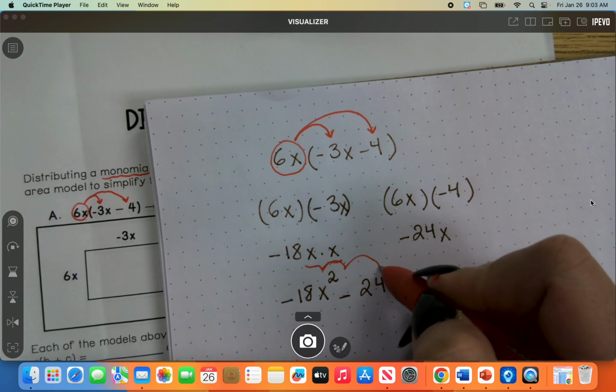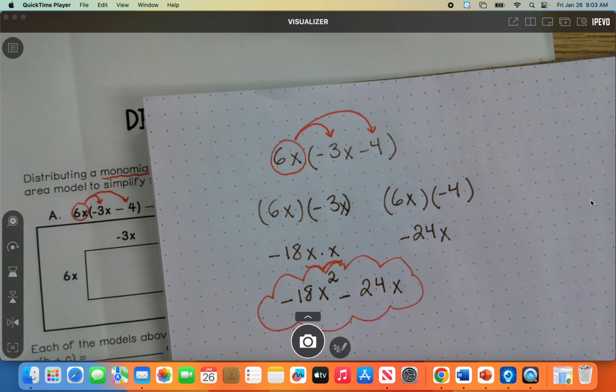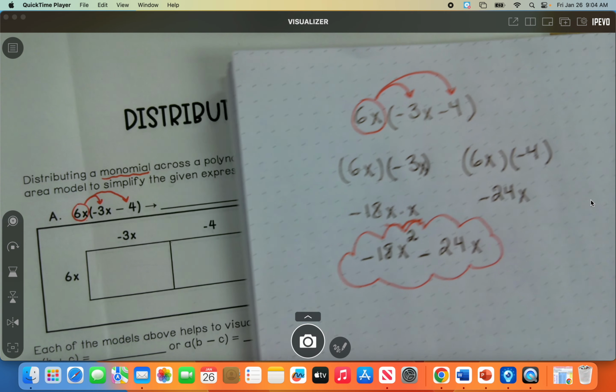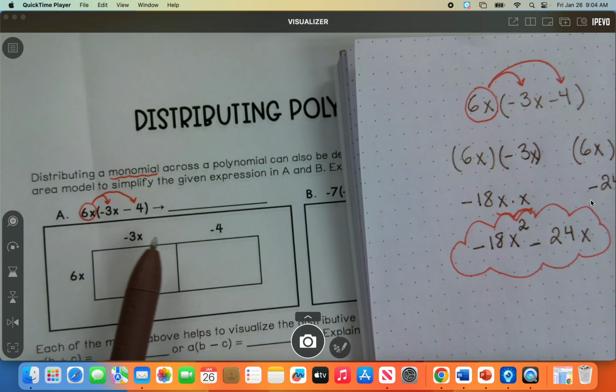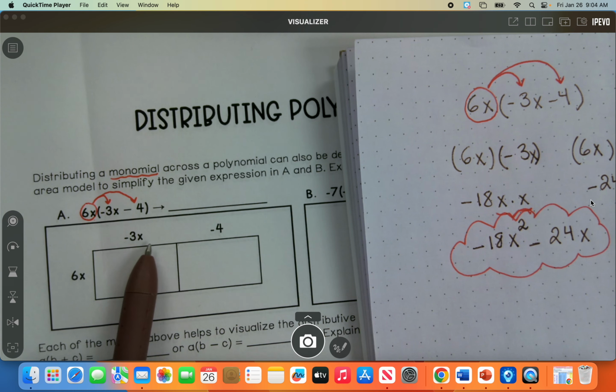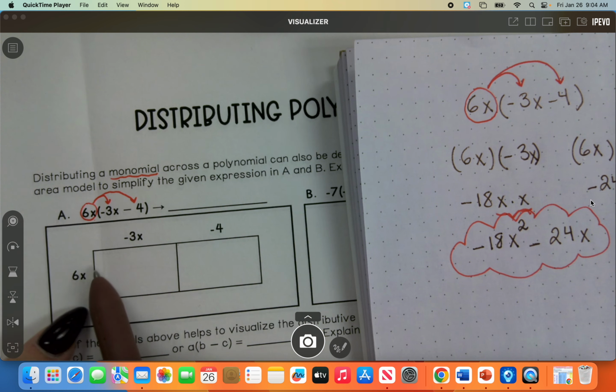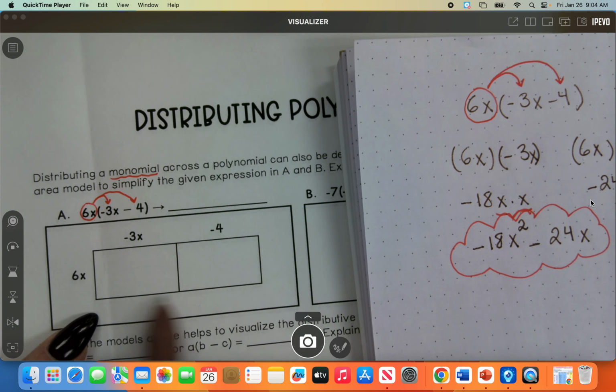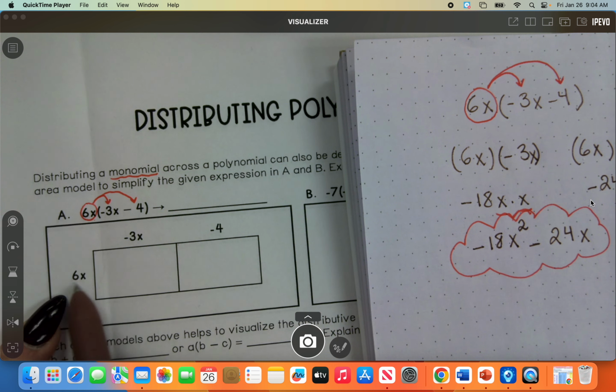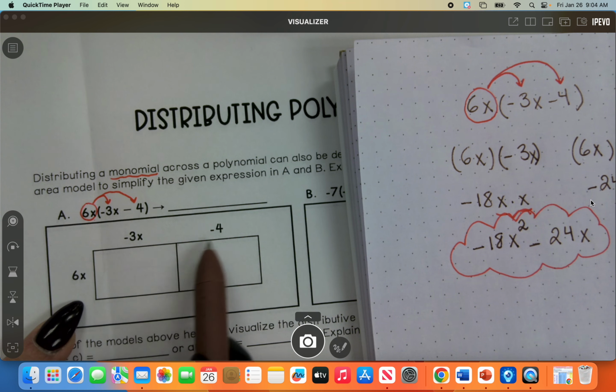That's the final answer, and we can't simplify this anymore because this one has a power of 2 and this one has a power of 1. So they're not like terms, so we can't add or subtract them. So we're done here. So now let's see how we can use the area method to simplify or distribute these two. Over here, we can draw our rectangle and put our monomial on this side and these two terms on this side.